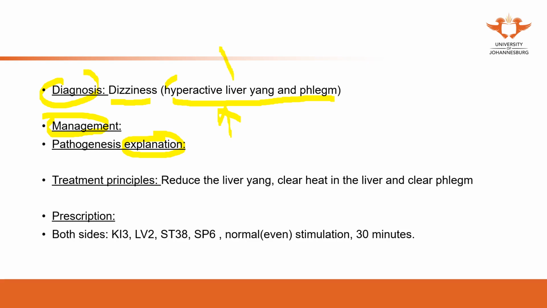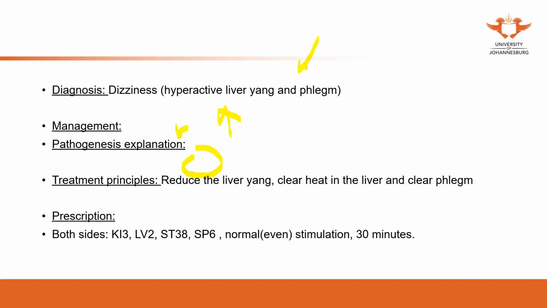Why do you diagnose hyperactive liver yang and phlegm? Which manifestations can help you to diagnose? How do you explain it? What's the cause? What are the possible causes of this dizziness and of this syndrome? You need to write them down here to explain.